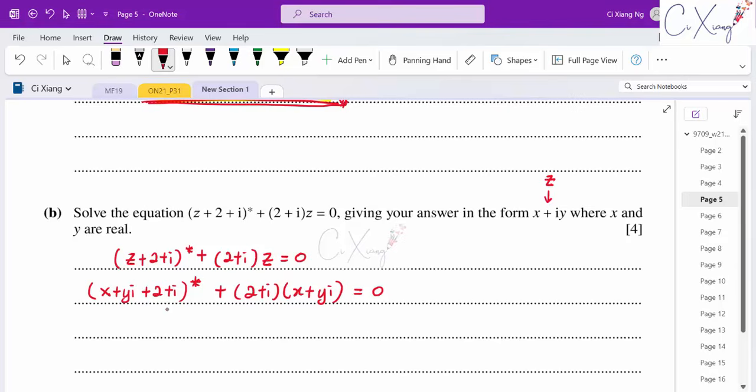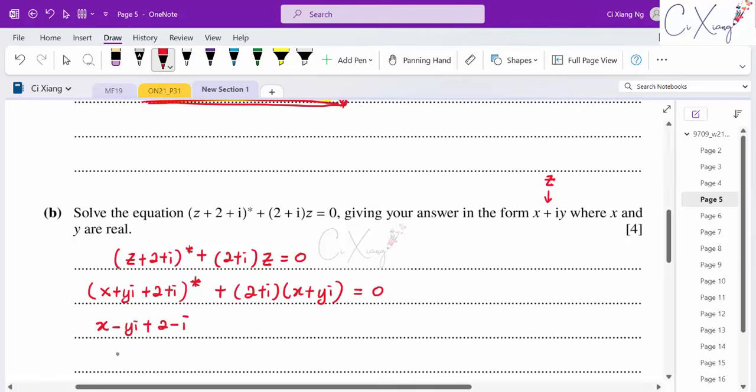Therefore, when you apply conjugate here, you are having x minus yi, then plus 2 minus i. So basically this particular step, I'm using the result from part A.